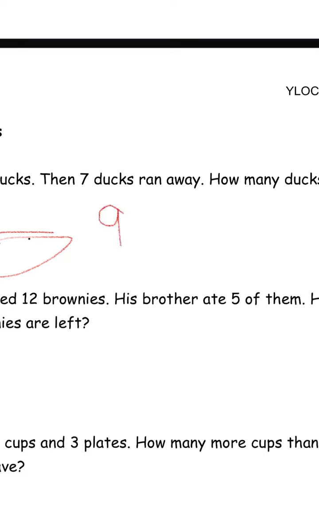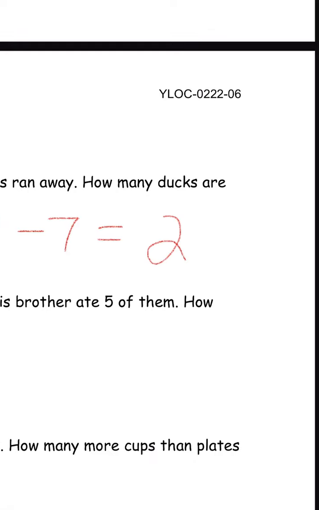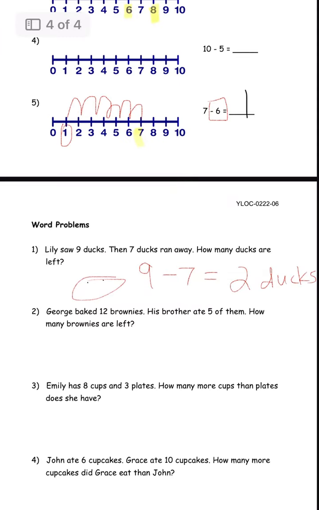So 9 minus 7 equals 2 ducks. Another way that we can do this is using the number line like this one. Or we can just do it this way, like how I did it.